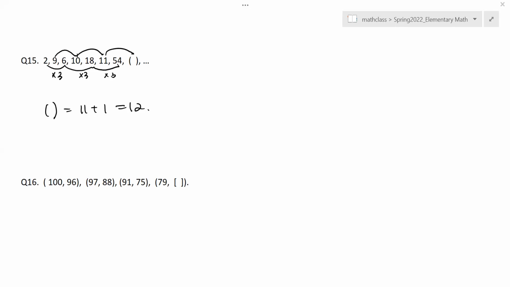So you not only have to find the pattern, you have to do some computation for the two numbers in the pair. You also want to find out the relationship among those pairs of numbers.